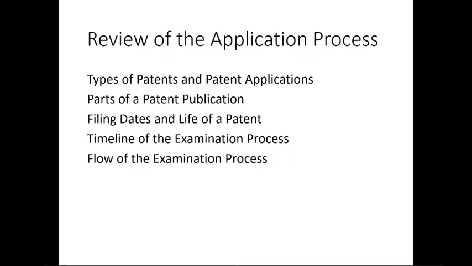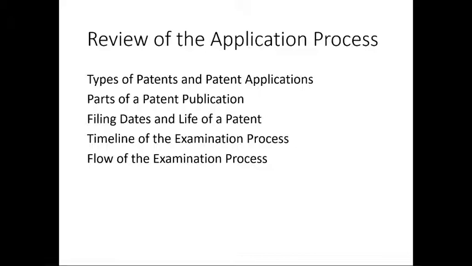So let's review what we've talked about here with respect to the patent application. We talked about types of patents: utility, design, and plant. We talked about types of patent applications: the provisional, the non-provisional, the divisionals, the continuing. We talked about the parts of a patent publication, which you should keep in mind as you work with your attorneys and agents on your invention disclosures.